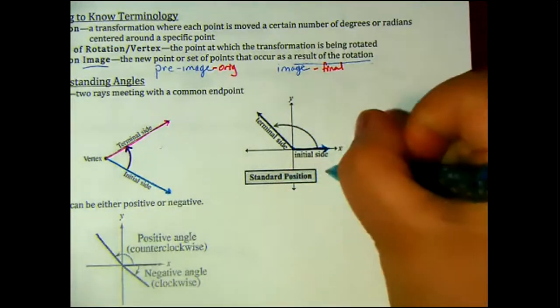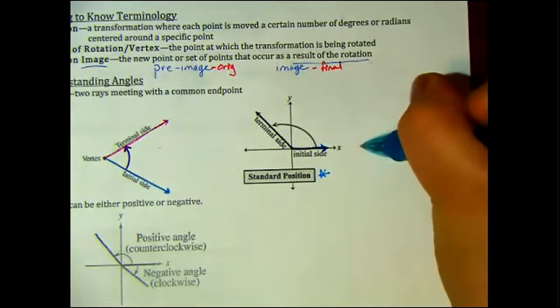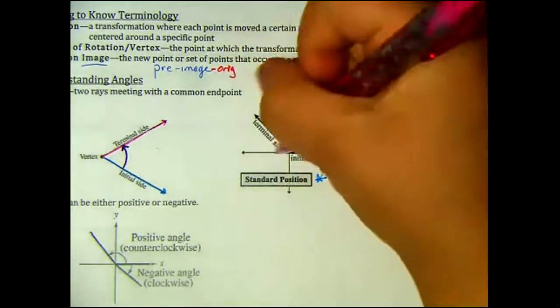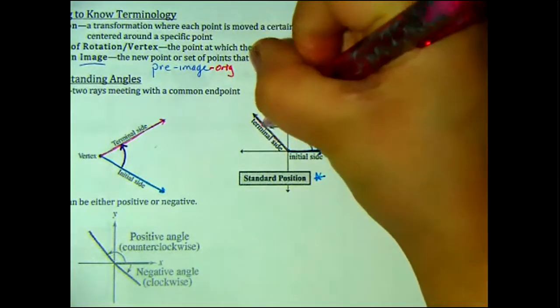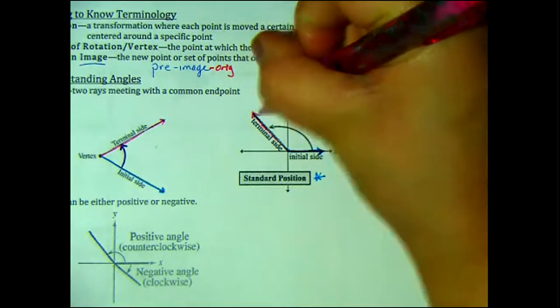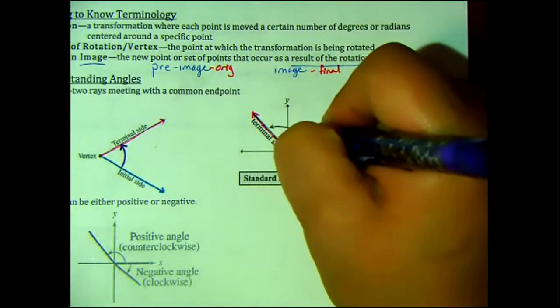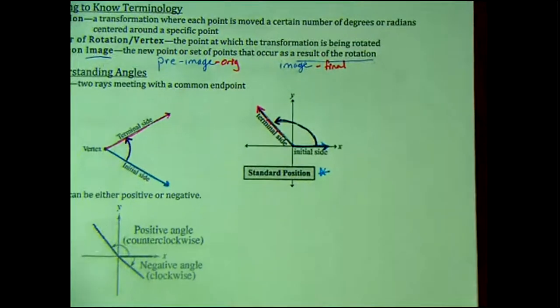Standard position means our initial side is the positive x-axis here. However much we rotate takes us to our terminal side. However much we end up rotating, starting from the positive x-axis and rotating all the way over to our terminal side here, okay?